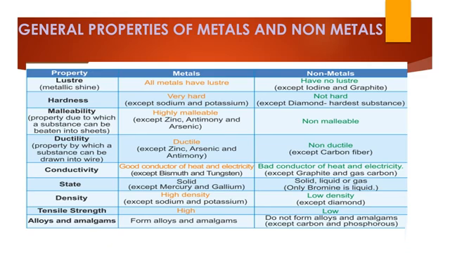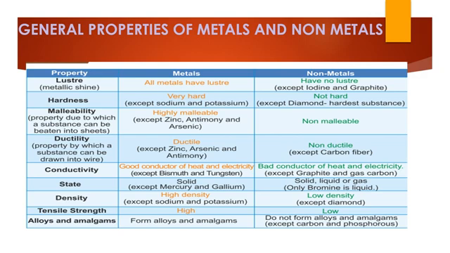State. Almost all the metals are solid in state except mercury and gallium. Non-metals can be present in three states of matter: solid, liquid and gas. Next, density. Metals are high density in nature, but non-metals are low density. Tensile strength.